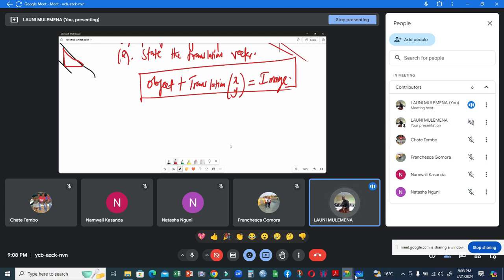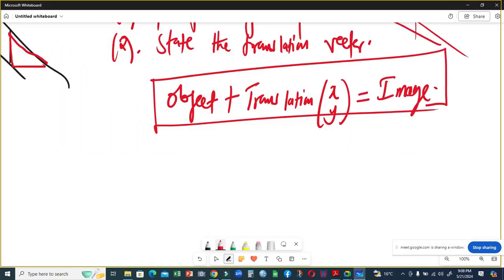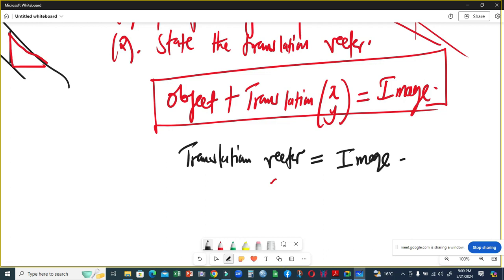Since we are looking for the translation vector, and we don't have it so that we can describe fully, we can make the translation vector the subject of the formula. So the translation vector is equal to image minus object.